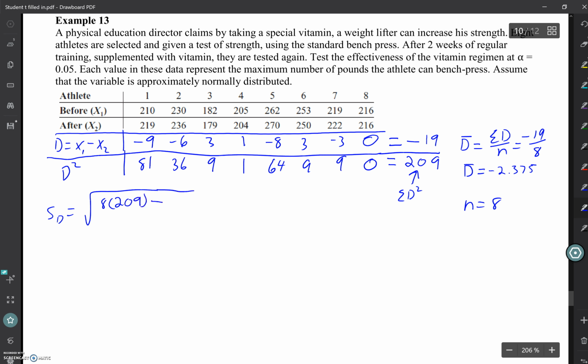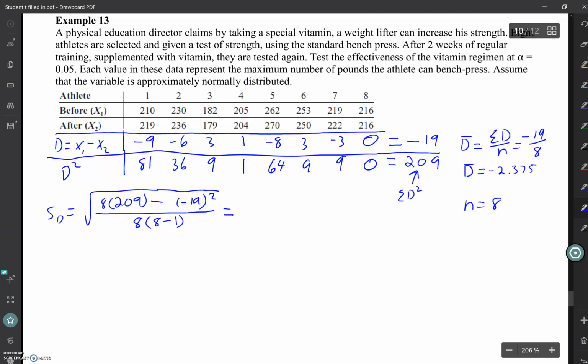And then I want to subtract the sum of my d's, the ones that I didn't square, which was negative 19, and you want to square it after you have that sum. So we'll square the negative 19. And then we want to divide by n times n minus 1. So 8 times 8 minus 1, or you could just put 7 there.